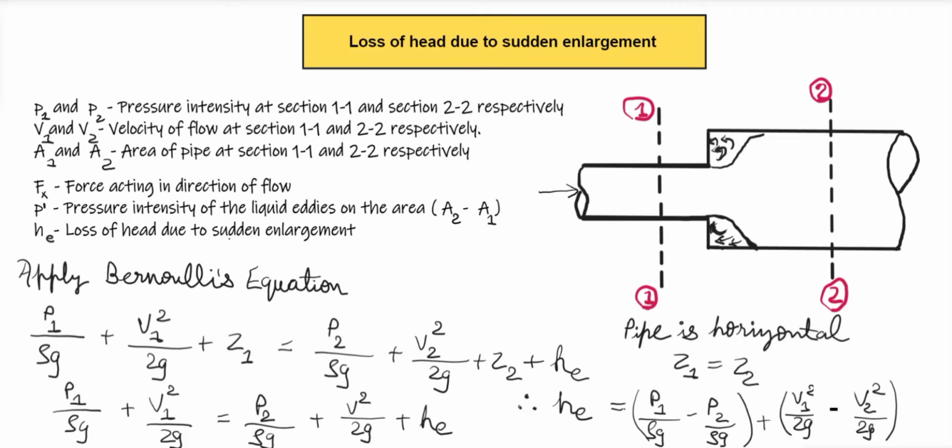Let's see what all forces are acting between the section 1-1 and 2-2. Here the first force will be pressure force on the section 1-1, which is P1A1. Then as eddies are forming here, we'll have the pressure force, which is P dash into A2 minus A1. And here on the section 2-2, we'll have the pressure force, which is P2A2.